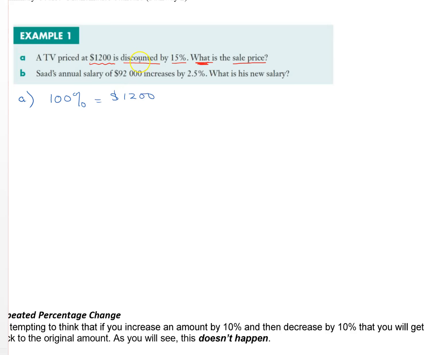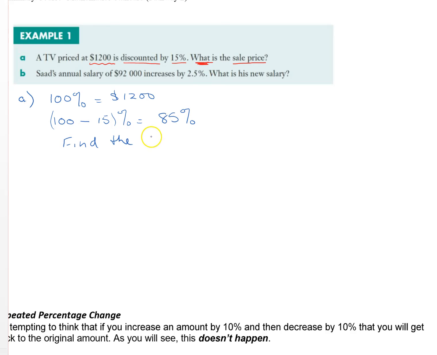It's going to be discounted by 15%. Now, if it's going to be discounted by 15%, I want 100 minus 15%, which is actually, I want 85%.